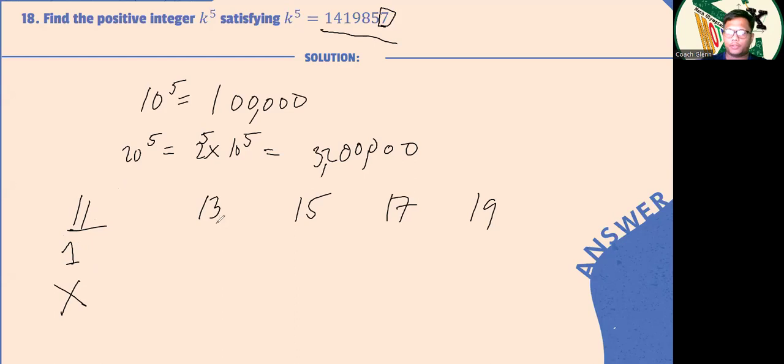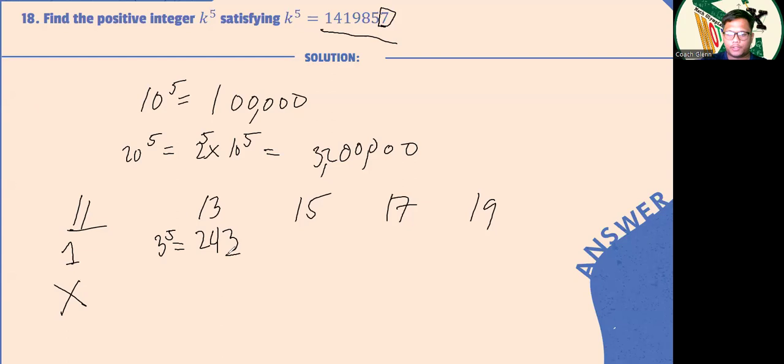For 3, you just need to get 3 raised to 5. So 3 raised to 5: 3 times 3 is 9, 9 times 3 is 27, 27 times 3 is 81, 81 times 3 is 243.